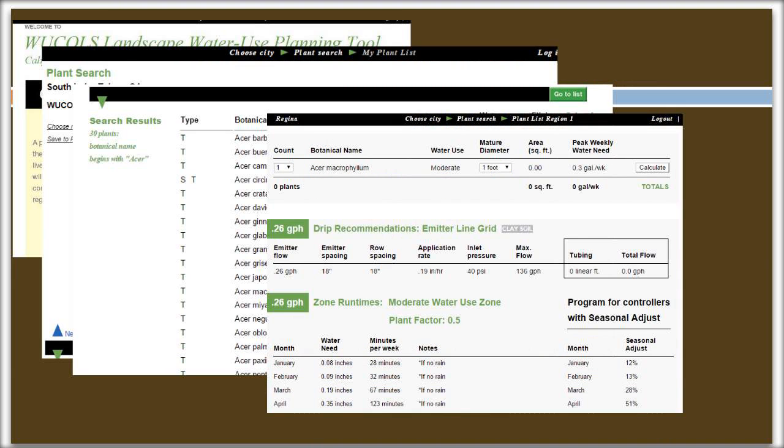Again, it is mainly for more populated areas, but even I could find my zone on WaterWonk, and I could look up big leaf maple and look at different types of soil types and different types of gallons per hour drip recommendations, and you can see that here. And so I urge you to go online and you can look at WaterWonk, or there's other tools to find out some sort of estimate on what that plant needs.